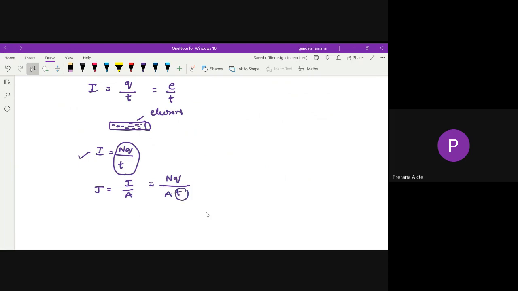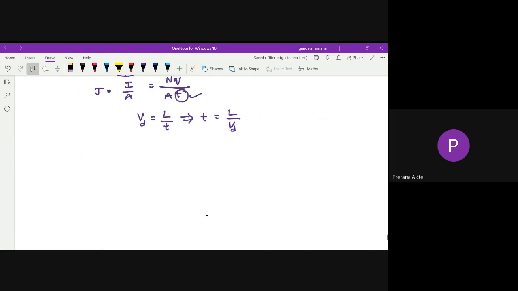What is T? As per drift velocity, Vd is equal to L by T, so T is equal to L by Vd.